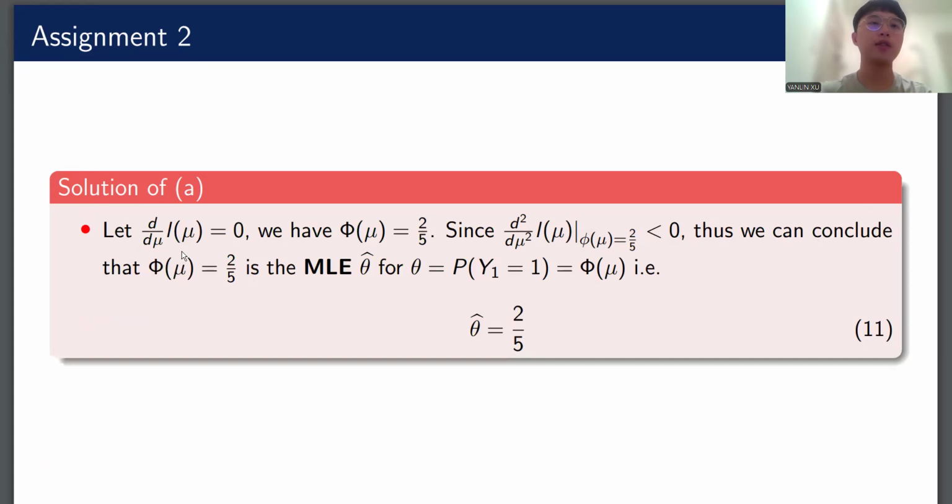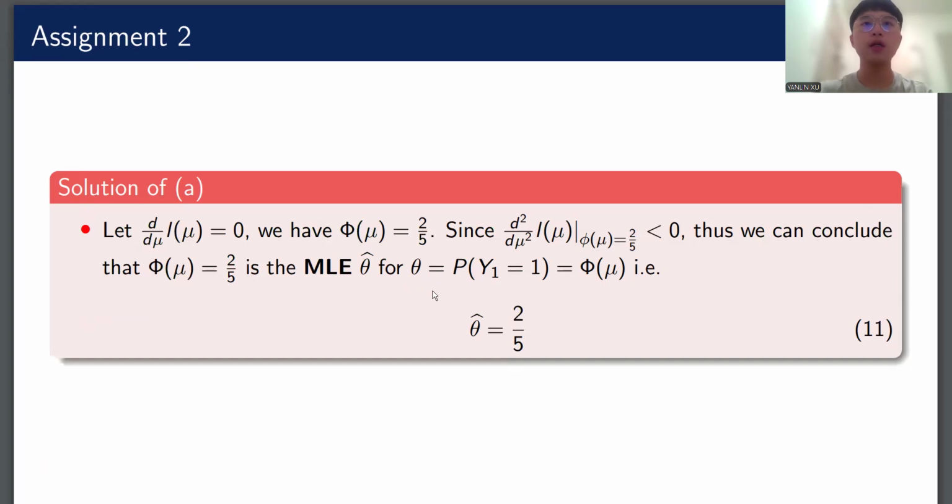So we let the derivative of L be 0, and we solve that phi(mu) is equal to 2 over 5. We check that if phi(mu) is equal to 2 over 5, the second derivative of L is smaller than 0, so it is indeed the extreme value of this function.